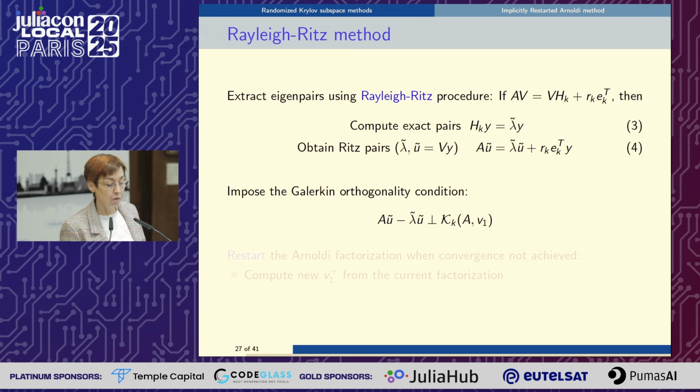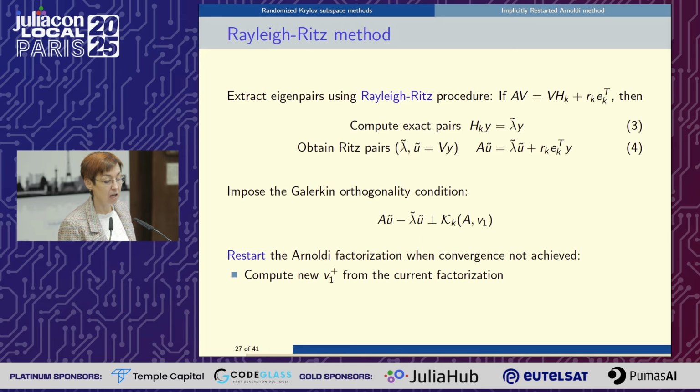And very often, because this residual is not small, the Arnoldi factorization is restarted until convergence is achieved. Typically one will compute a new starting vector V1+ from the current factorization to restart a new Krylov procedure.